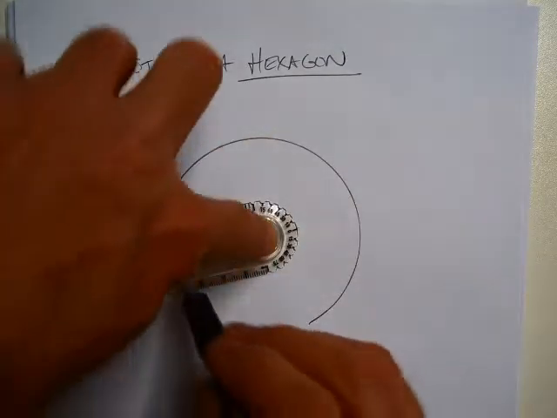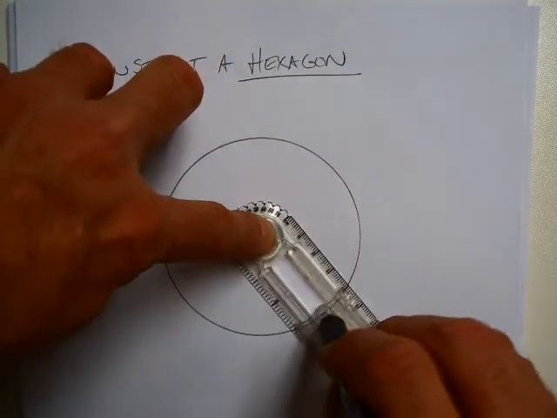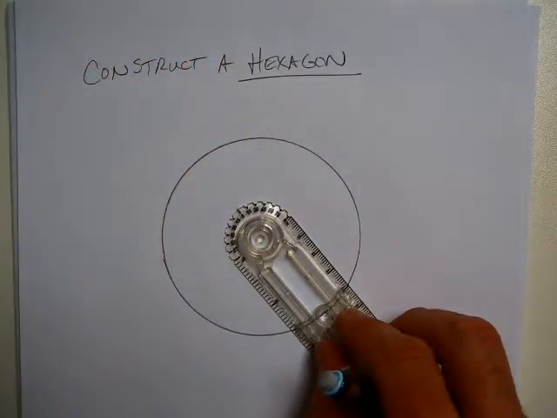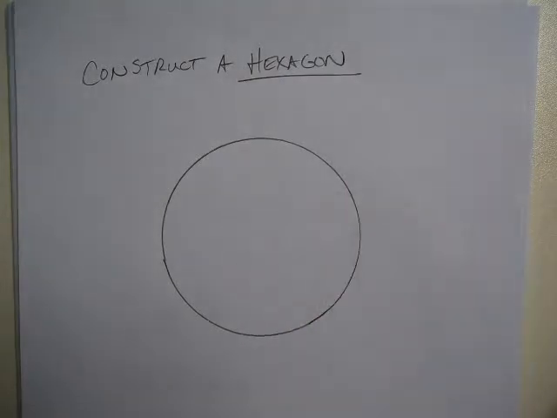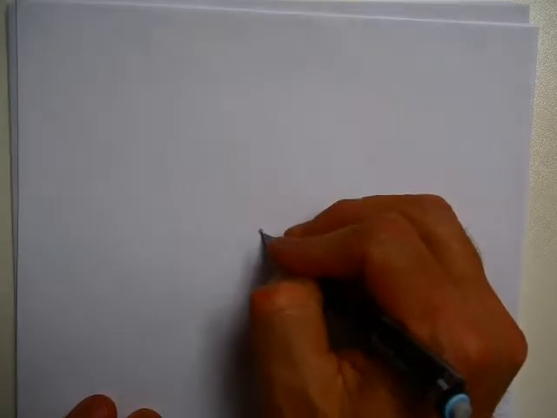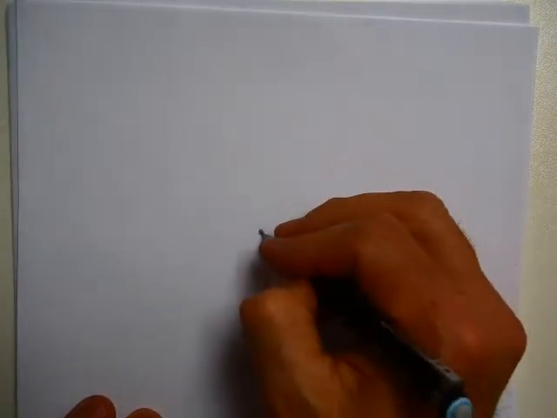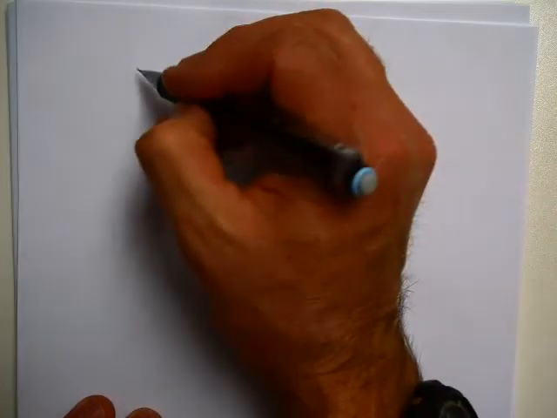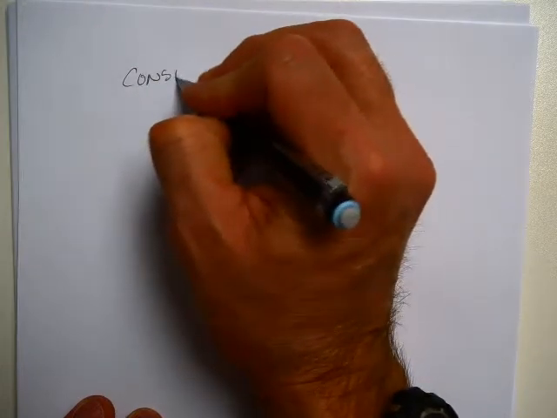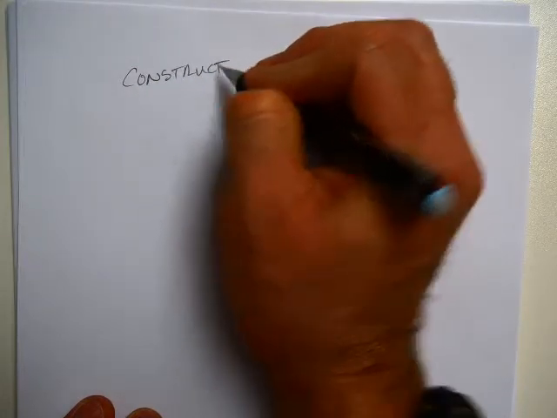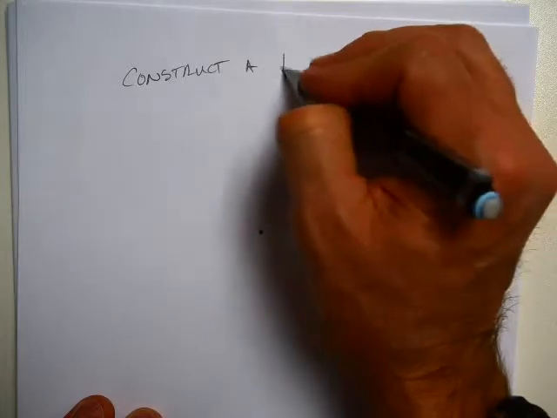Make yourself a circle. And make sure, oops, you know what I should have done first? I screwed up. Put a point where the center of your circle is going to be first, because you need that center of the circle. So construct a hexagon.